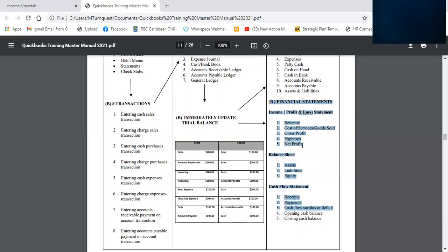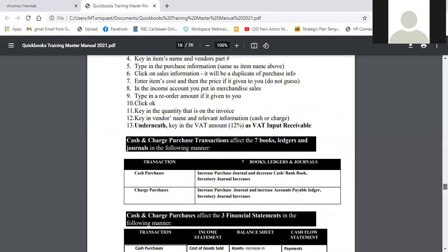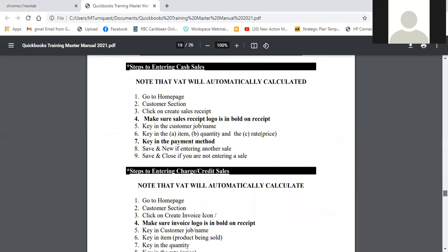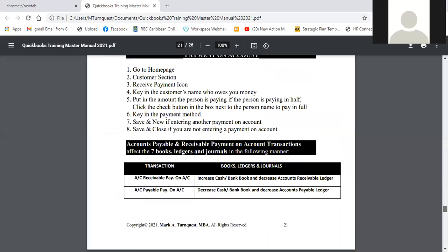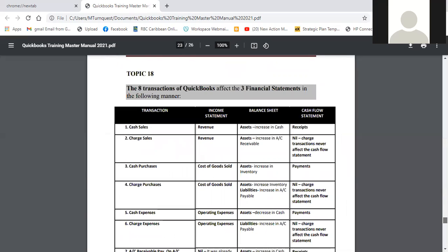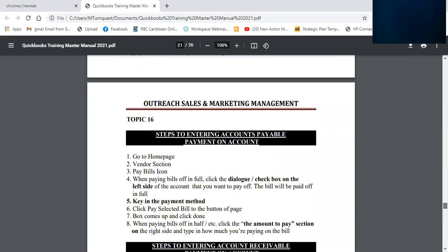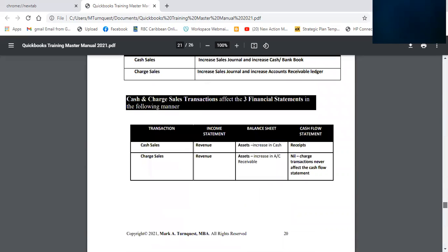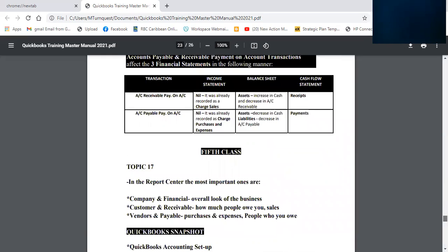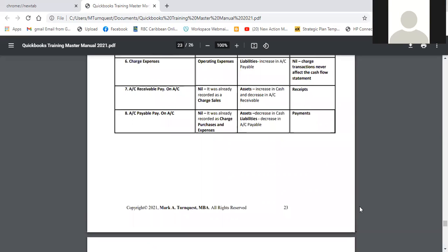Everybody understand that? Yes. And your final homework is on page 23. That's topic 18. Exactly. All right.